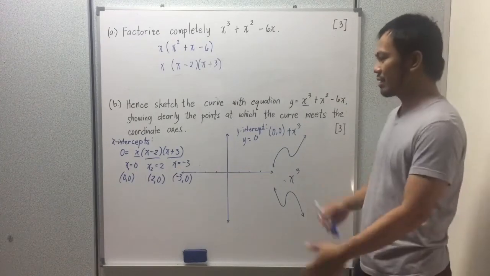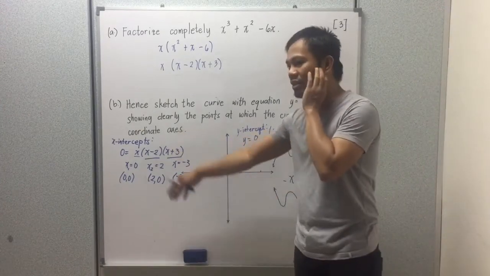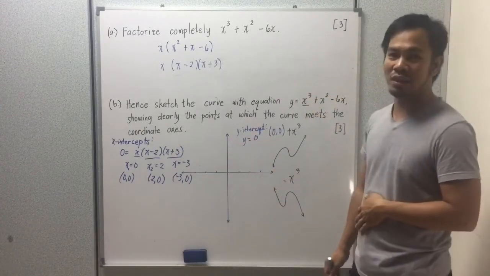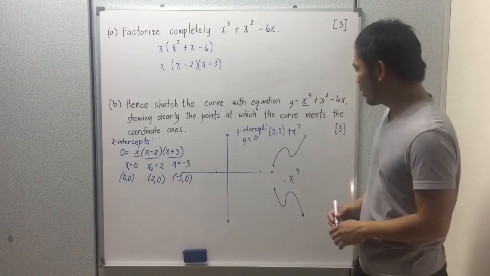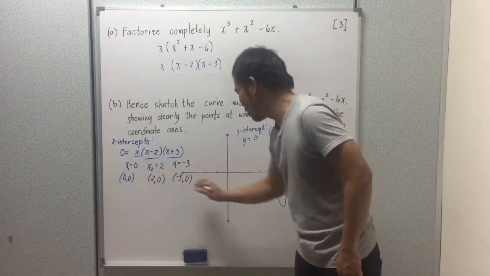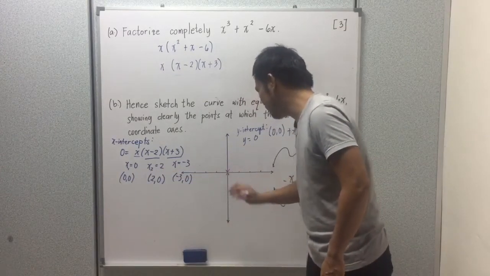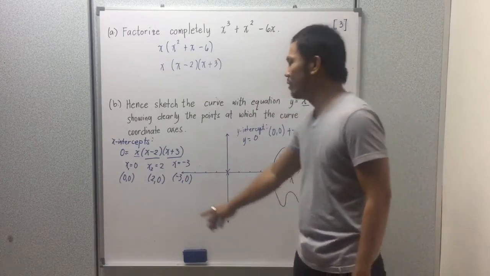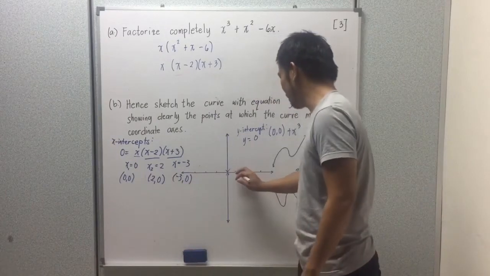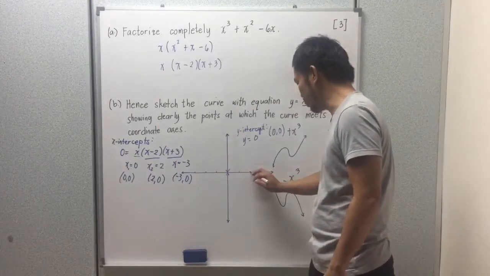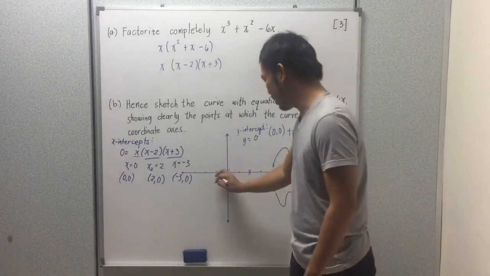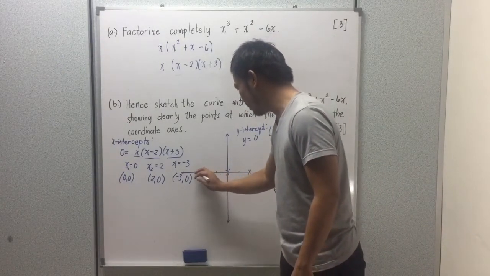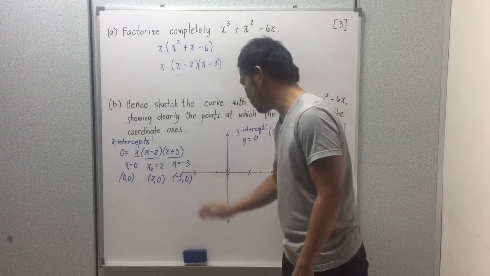Next, since we already know the x-intercepts and the y-intercept, we can plot the points. I'll have (0, 0) here. I have (2, 0): let's say this is 1, this is 2. Then I have (negative 3, 0): negative 1, negative 2, negative 3. So it's at this point.